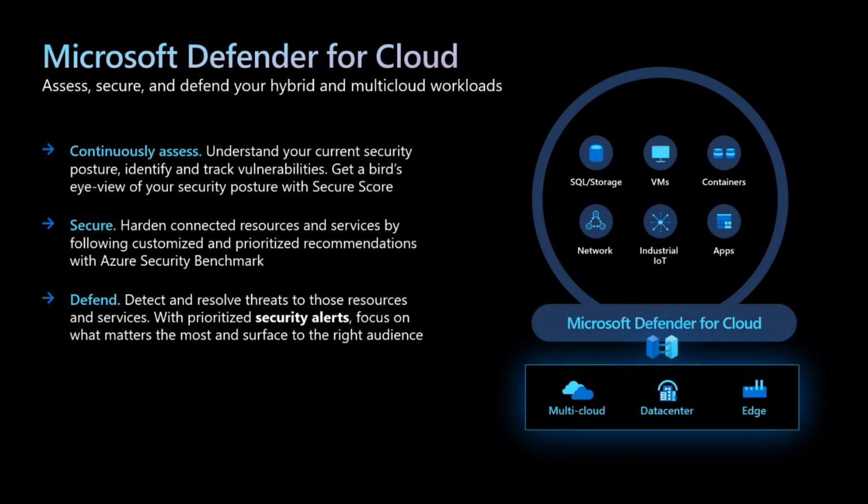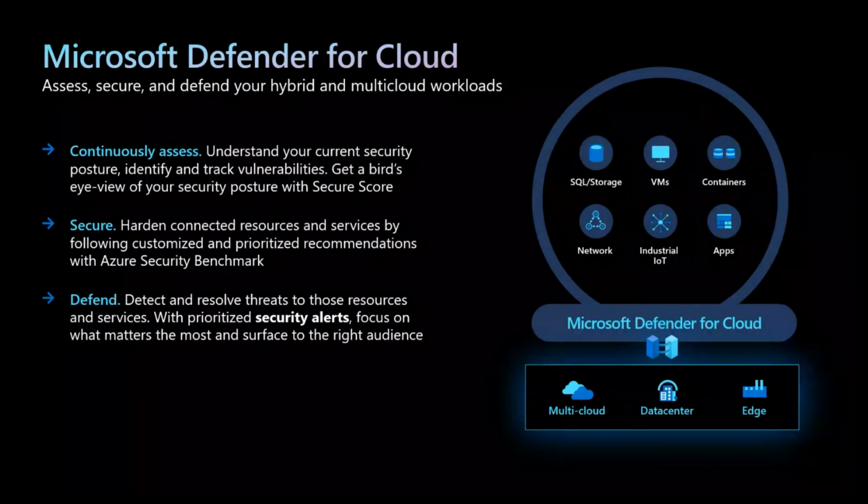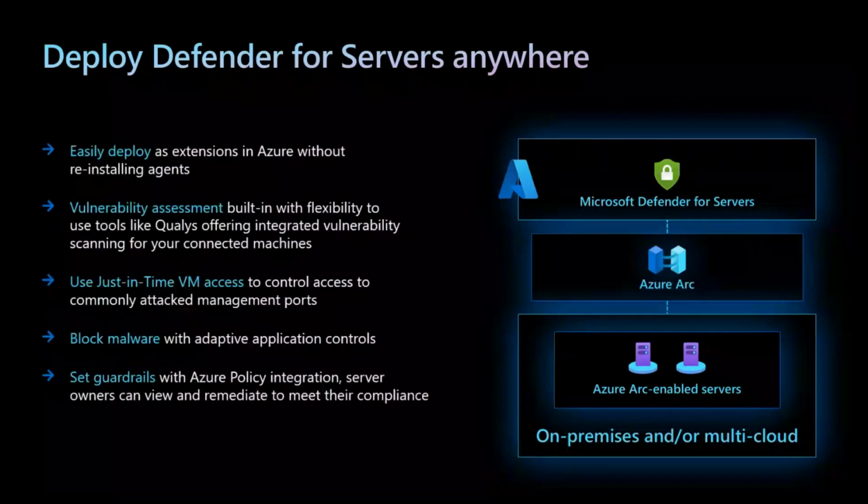That gets enabled for your SQL servers, whether they're your VMs, containers, and wherever they are running, whether it's on multi-cloud, on your on-premises data center, or at the edge, you can have similar capabilities for non-Azure workloads as well.